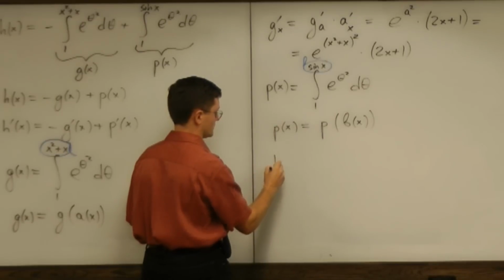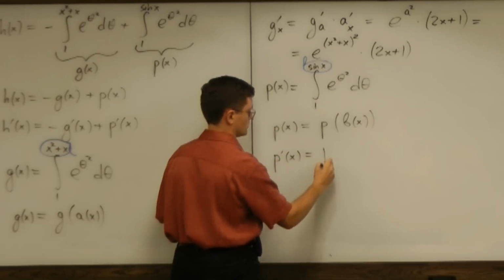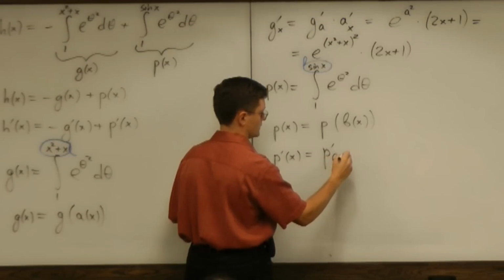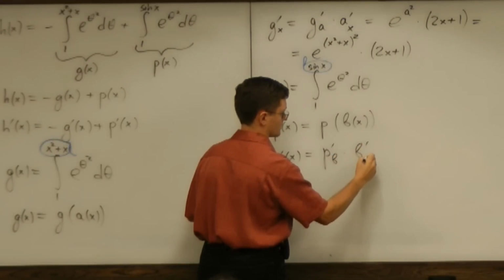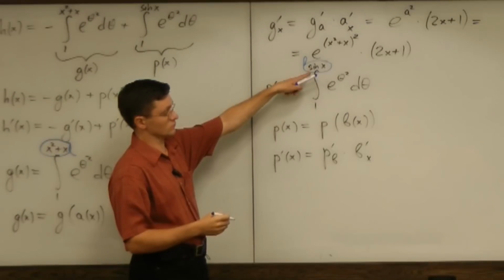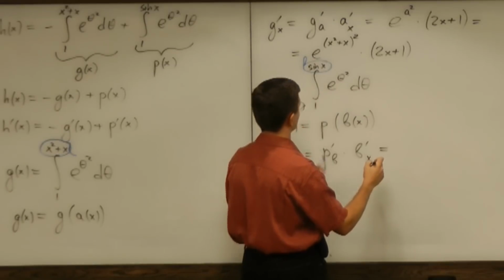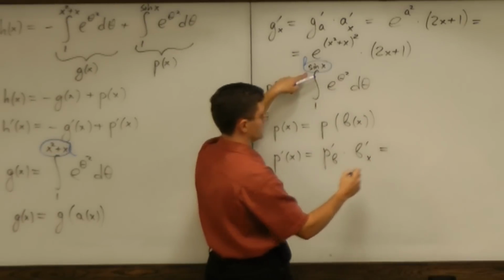So the derivative is going to be the derivative of p with respect to b times the derivative of b with respect to x. And again, the derivative of p with respect to b is the value of the function at b.